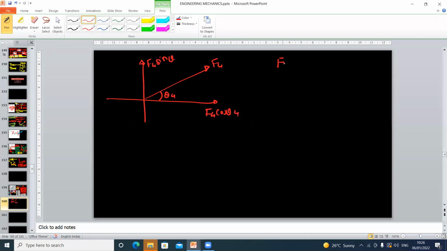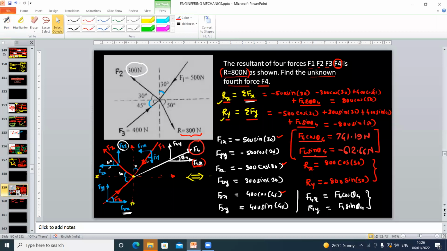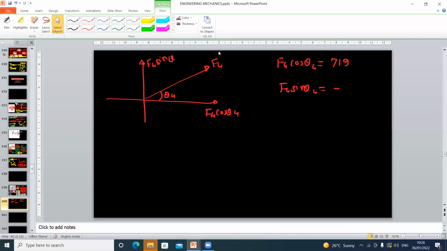But from the calculation, we get F4 cos theta 4 equal to 741 and F4 sin theta 4 equal to minus 612.